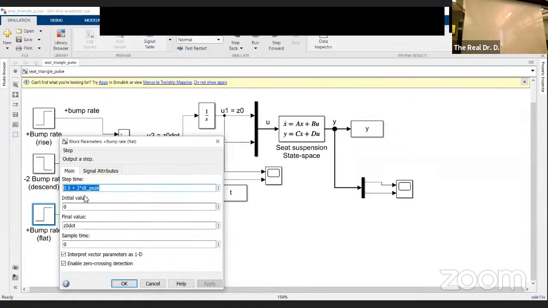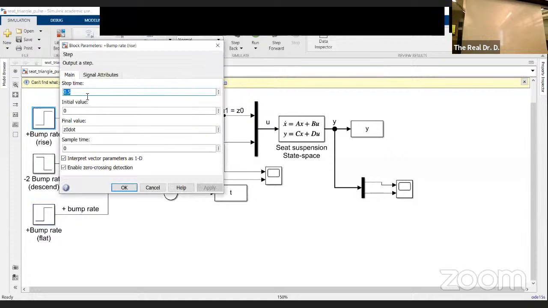So that's when it starts. This is going to go flat for a certain amount of time, right? Its initial value is 0, and its final value is Z dot. This is setting what my peak is going to be, right? Because it's not really a triangle. It's going to be a little bit flat at the top. Is that how we're making it?